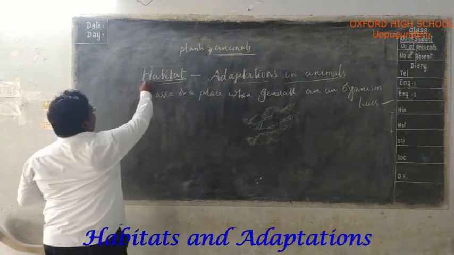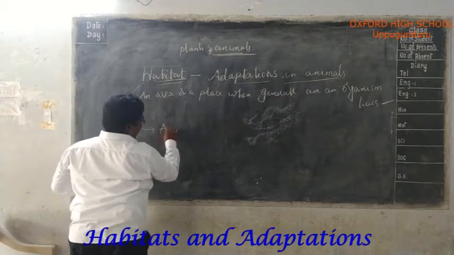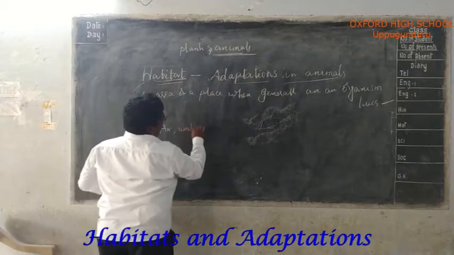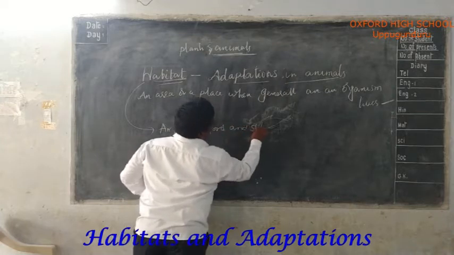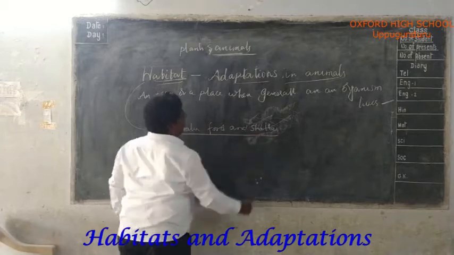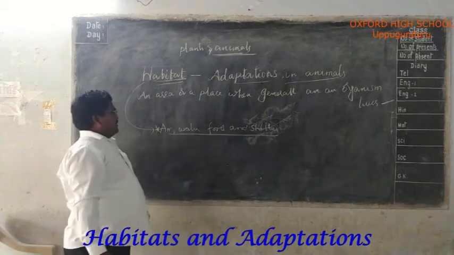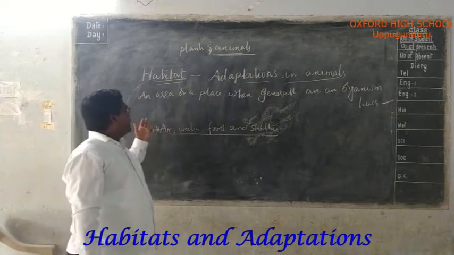So, the habitat provides air, water, food and shelter. These are the main benefits that the animal gets from its habitat.